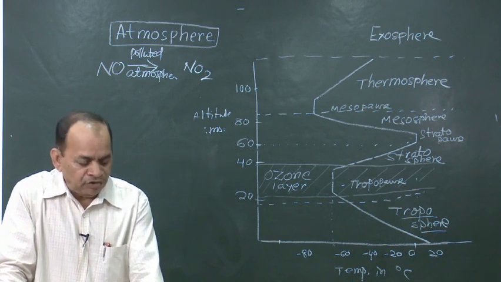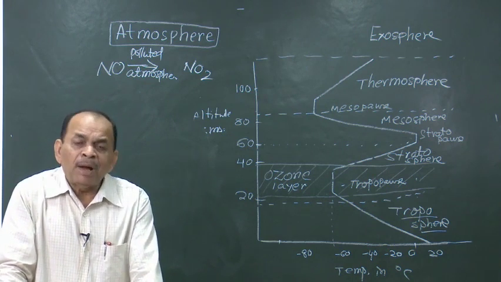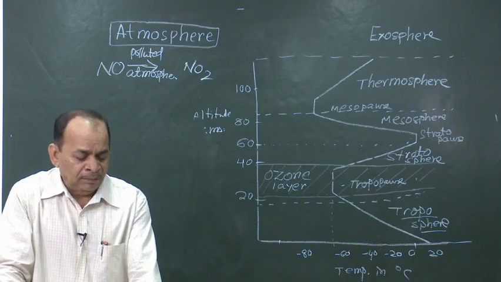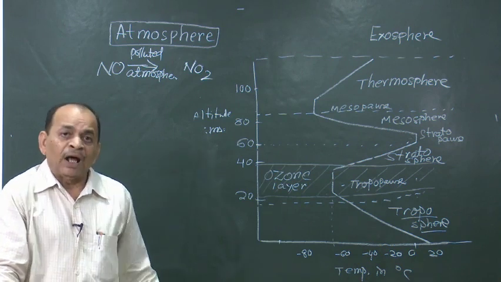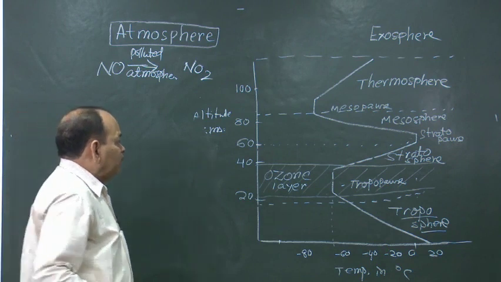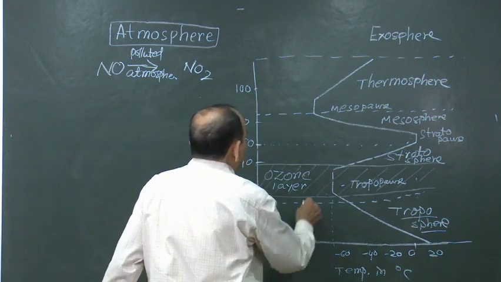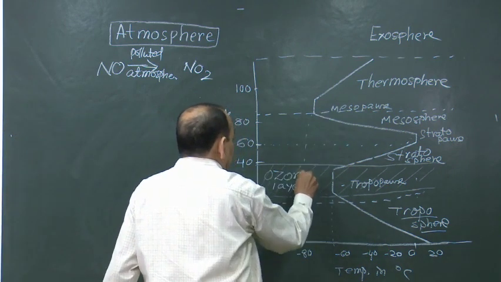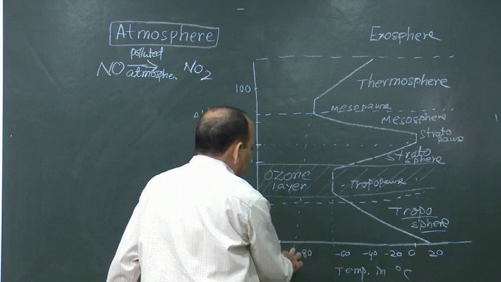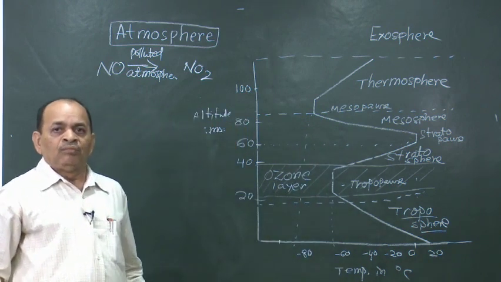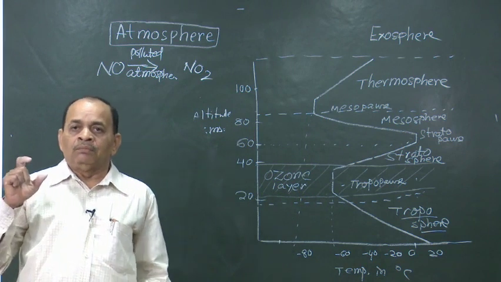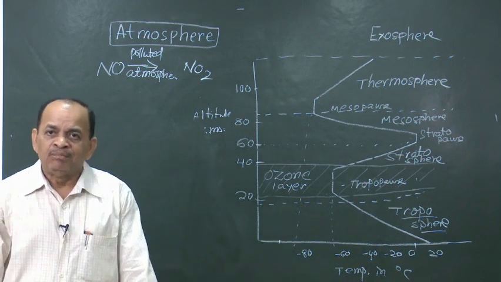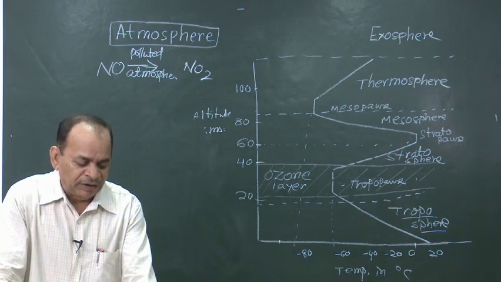The minimum temperature attained here is around minus 90 degrees centigrade. So, temperature is very low here, minus 90 degrees centigrade.